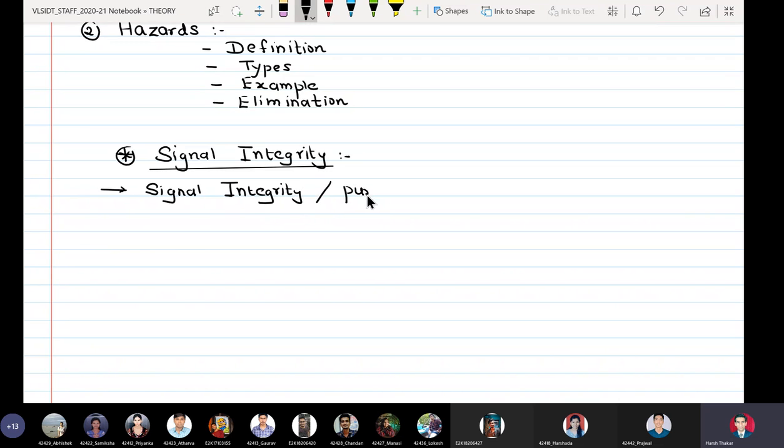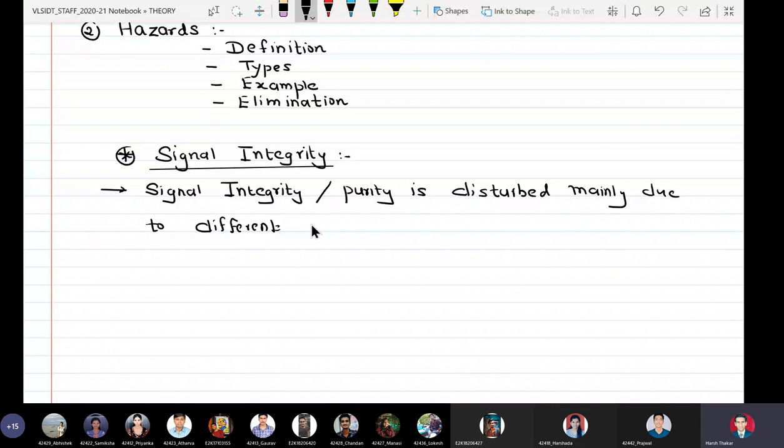Signal integrity or purity is disturbed mainly due to different noise sources.